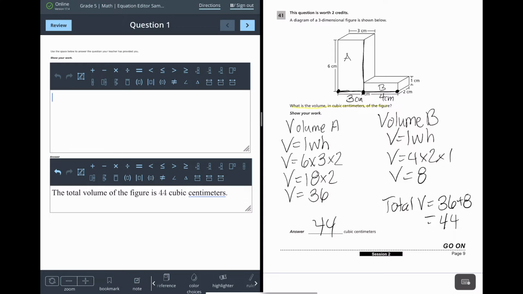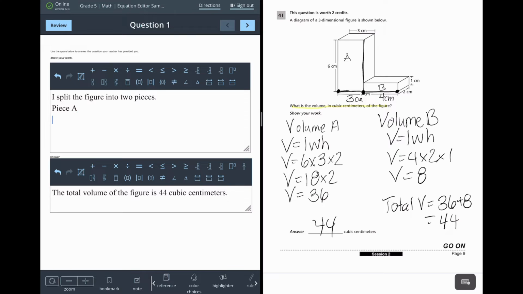Okay, and now how do I show my work for this? I'm going to split this up. I'm going to show and say I split the figure into 2 pieces.